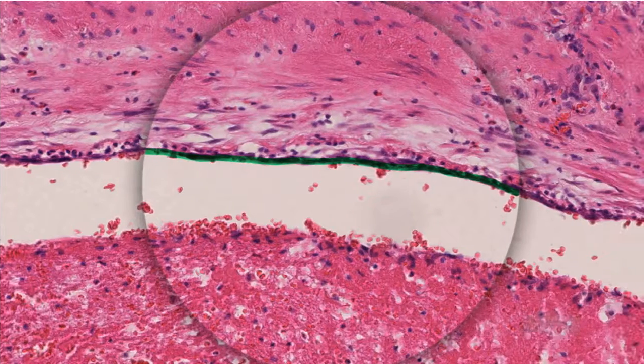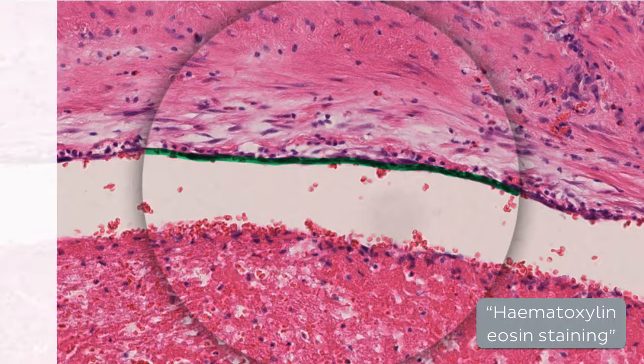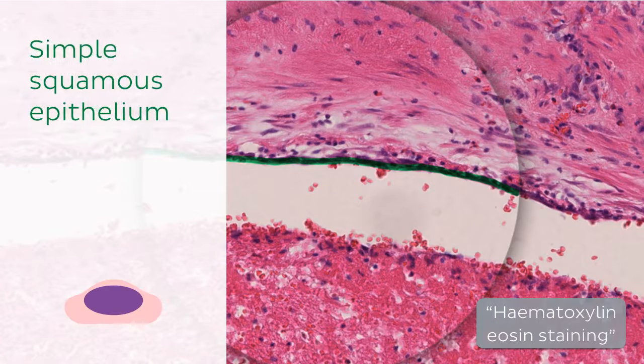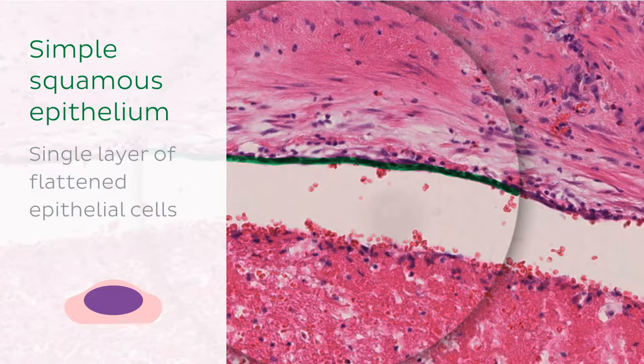As we just saw, endothelial cells are epithelial cells that line the walls of blood vessels, and here we see a micrograph again showing endothelial cells lining a vein. Endothelial cells are made up of simple squamous epithelium, which consists of a single layer of flattened epithelial cells that rest on the basement membrane.